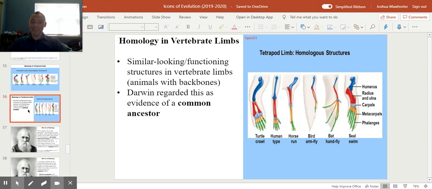Darwin regarded this as evidence, as many do, for common ancestry, that all of these similarities point to the fact that there was a distant common ancestor for all of them, and that through changes over time, through adaptations, through the mechanism of natural selection, they evolved this way for different purposes.